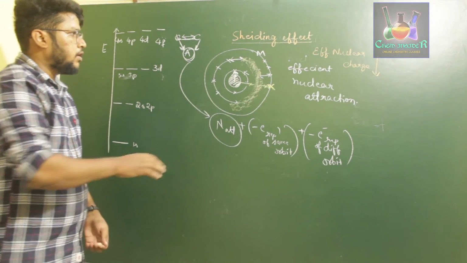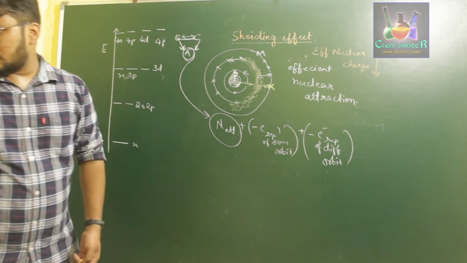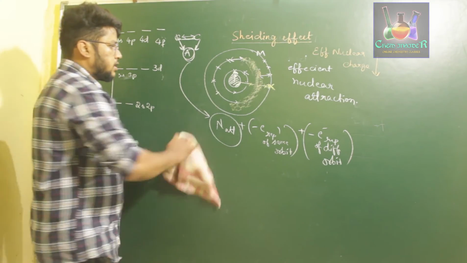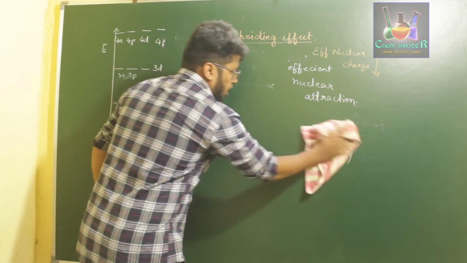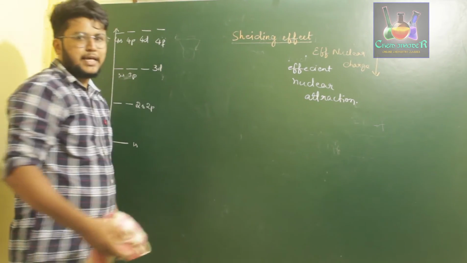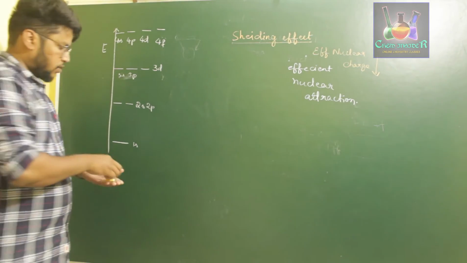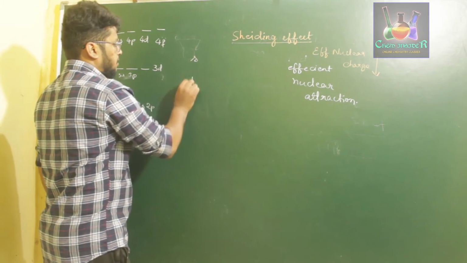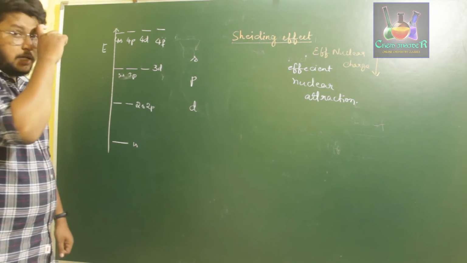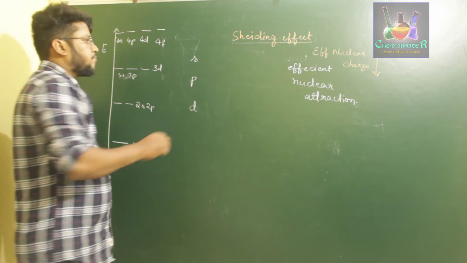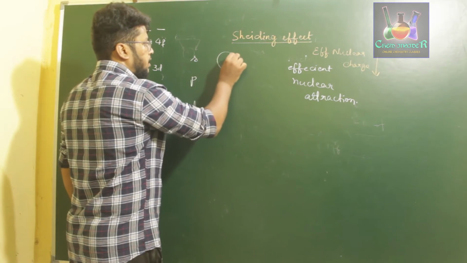Now if you have completely understood the effective nuclear charge concept, let us discuss the azimuthal shapes, that is, the shape of the orbitals. If you consider the shapes of the orbitals s, p and d, s orbitals are spherical in shape.